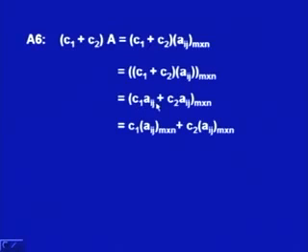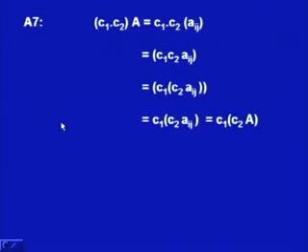So it is c1 Aij plus c2 Aij, because these are simply numbers, so they are distributive, and then you can again collect the elements and have c1 Aij m by n plus c2 Aij m by n, and this simply means c1A plus c2A. So what we have is (c1 plus c2)A is equal to c1A plus c2A. That means A6 also holds for this set.